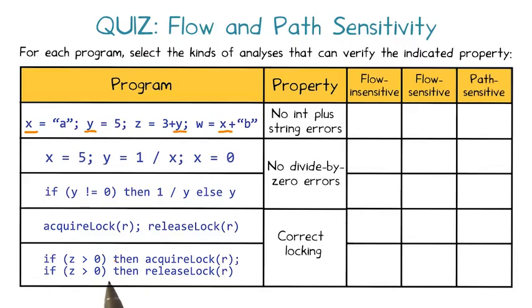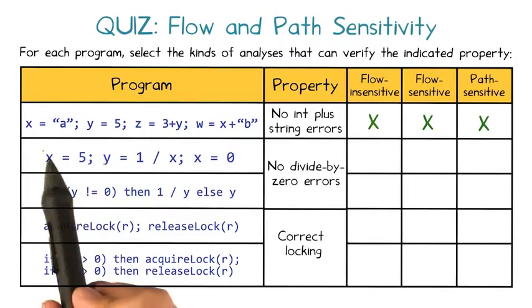If z greater than 0, then acquire lock R, followed by if z greater than 0, then release lock R. Note that the second if-then statement is not nested within the first if-then statement. Also, note that variable z can have any integer value at the start of the program. Finally, as for the preceding program, allow the analysis to assume that R is not locked at the start of the program.